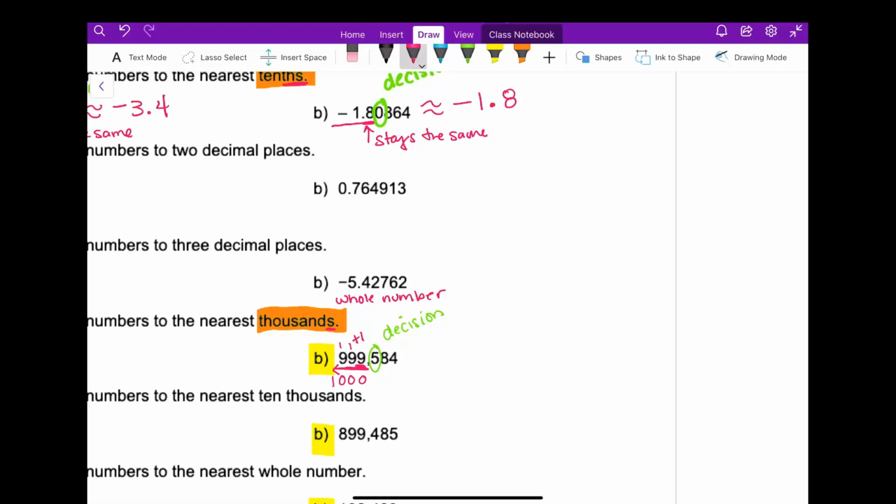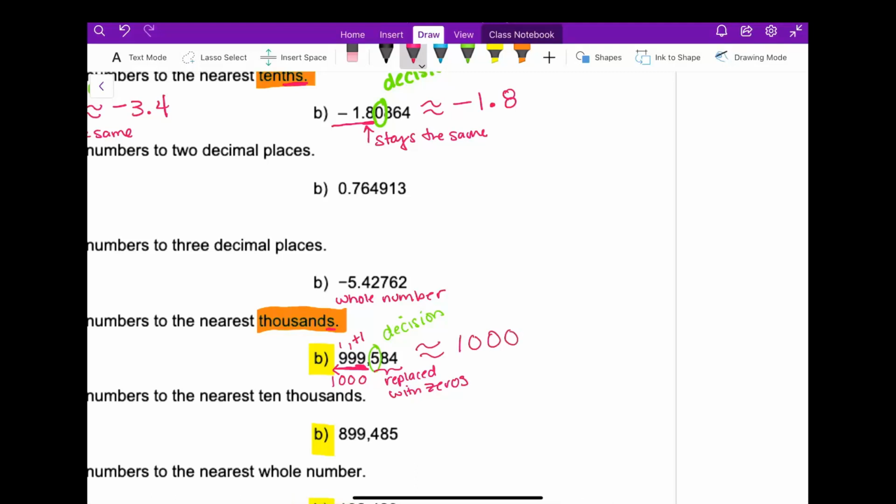What do we do to the right of our underline? Remember, it asked us to replace everything with zeros. So these guys over here get replaced with zeros. Here we go. We have 1, 0, 0, 0.